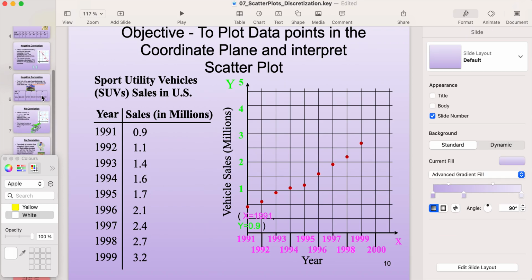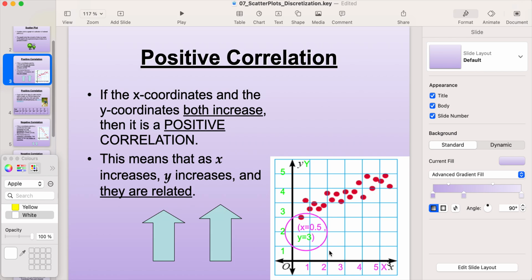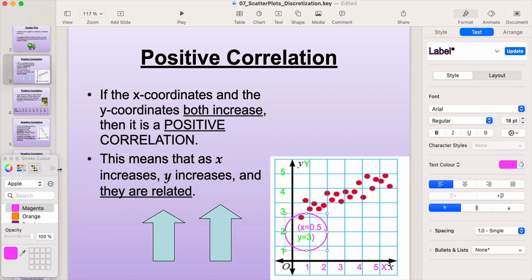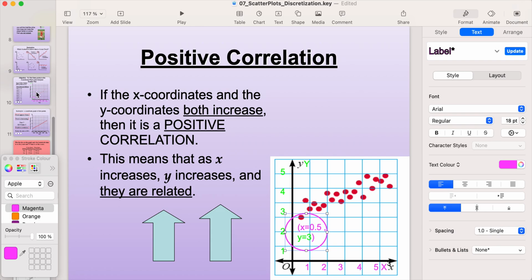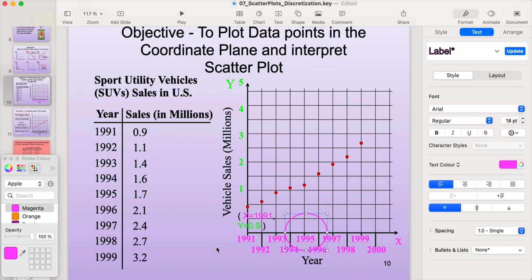Let me just copy this circle. So that is why this point appears over here.